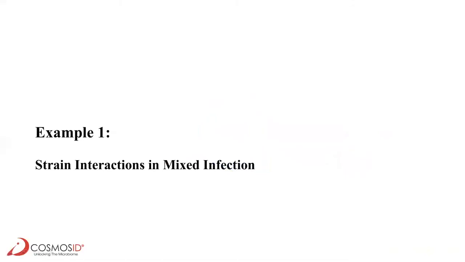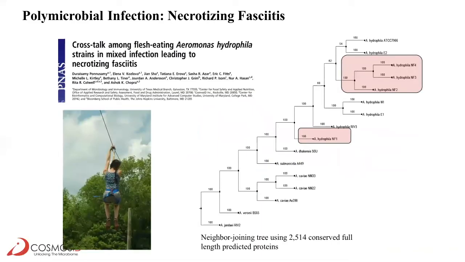With that said, I will touch on only a couple of examples in the next couple of minutes. One example I would like to show is strain interactions in mixed infections. This paper was published in PNAS a couple of years ago.